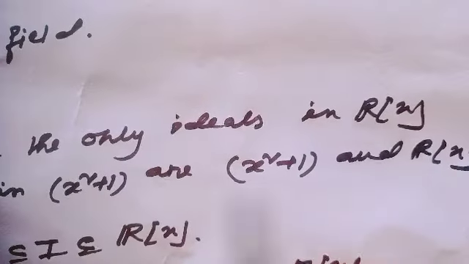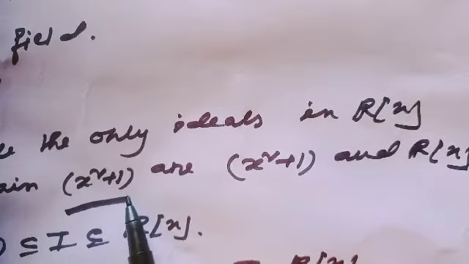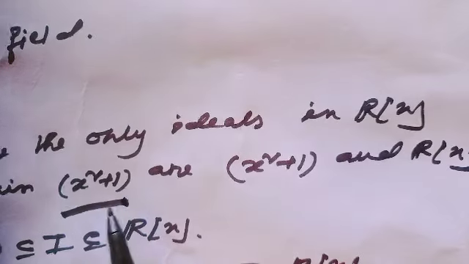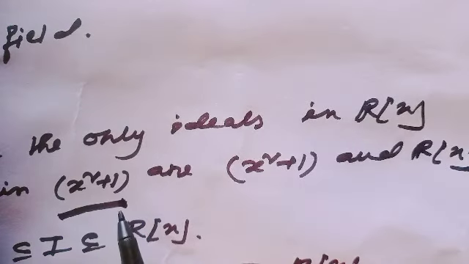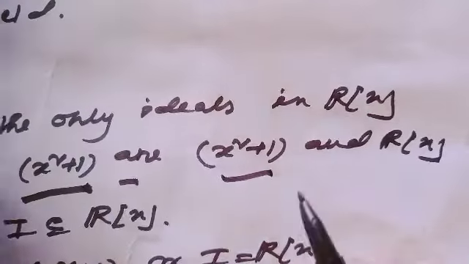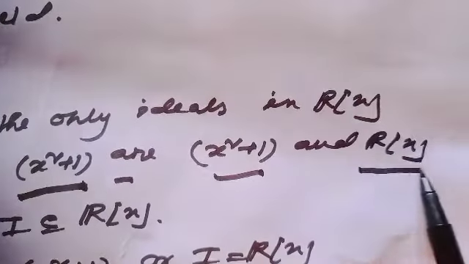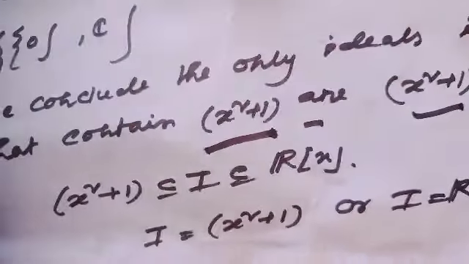Therefore, from this we can conclude the only ideals in R[x] that contain the ideal generated by x² + 1, because here the kernel of φ equals the ideal generated by x² + 1, are only the ideal (x² + 1) and the whole ring R[x].